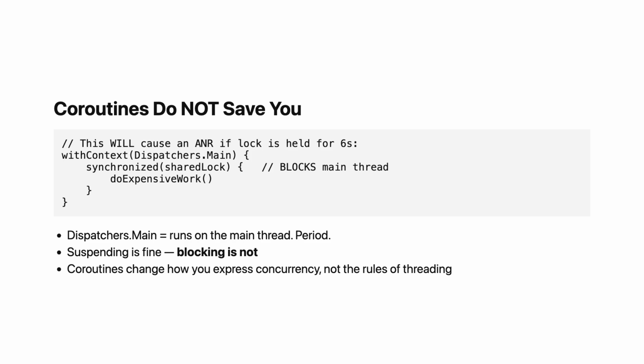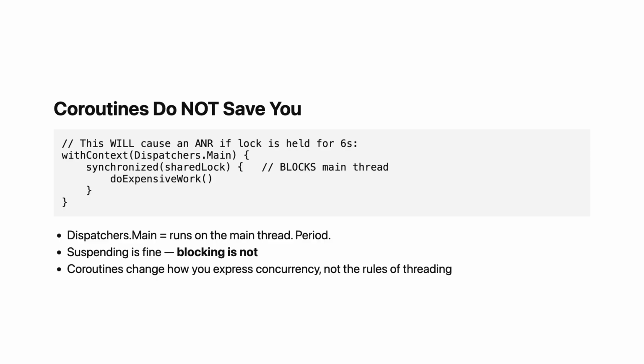Here is a misconception I need to address directly. Some developers think that because they use coroutines, they are safe from ANRs. That is wrong. Coroutines help you move work off the main thread, but they do not magically make blocking code non-blocking. If you write withContext(Dispatchers.Main) and then call a synchronized method that blocks for 6 seconds, you have an ANR.